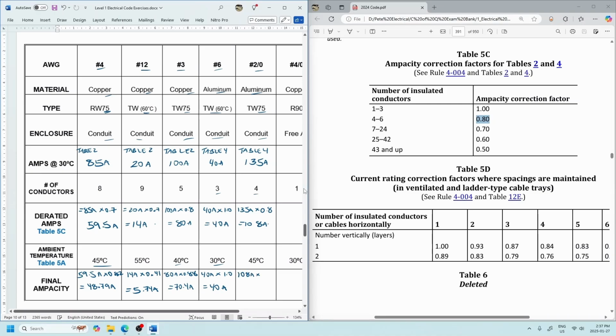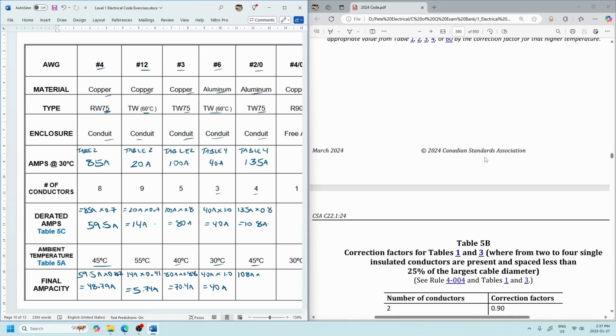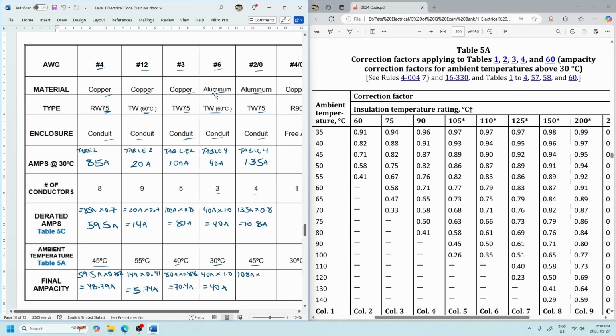Okay, let's take that value and put it down here. And we'll go to 5A because we're above 30 degrees. We're at 45 degrees here. So 5A, we're in the 75-degree column. With an ambient temperature of 45, that'll be a multiplier of 0.82.